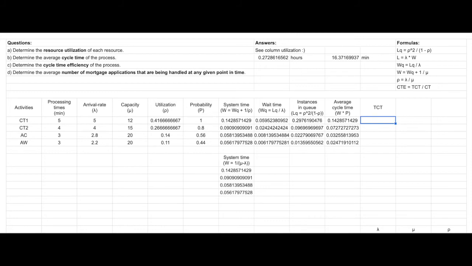To determine this figure, we will reuse the probabilities that we have for each activity and multiply them with the processing time of the activity.